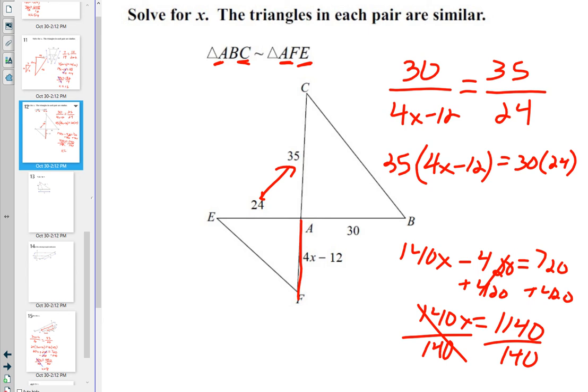Yeah, but I checked all of them before. There shouldn't have been any decimals. Four x minus 12. Huh? 1140 divided by 1.